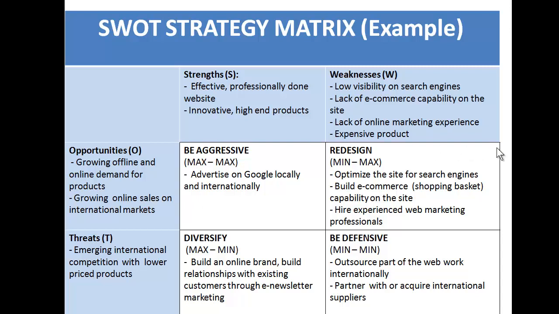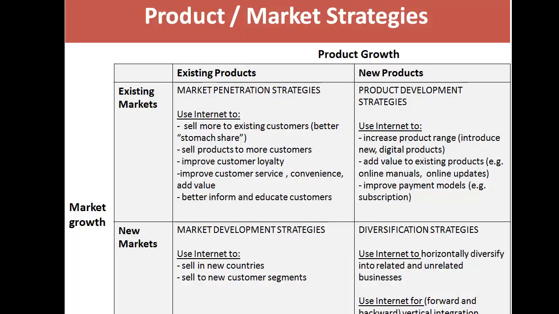In other words, you're trying to find your responses to various combinations of strengths and opportunities, weaknesses and threats. Another tool that you can use is product market strategies. So at this stage you need to have a look at your products, existing products and possibly new products and markets, and try to assess how you can use the internet to expand.